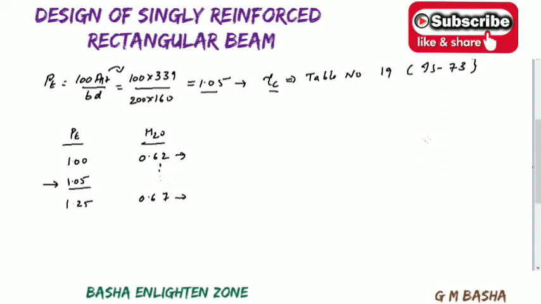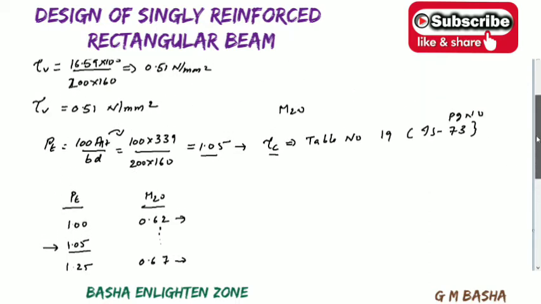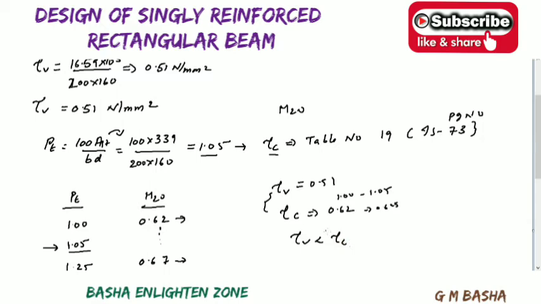But here, if you observe very clearly, tau v will be 0.51, and if you obtain tau c based on this percentage, for 1 only it will be 0.62, and if you calculate for 1.05 also it will be some 0.62, 0.63, whatever the value. So more than 0.62 means, if you compare these two, for 1 itself it will be lesser than tau c.